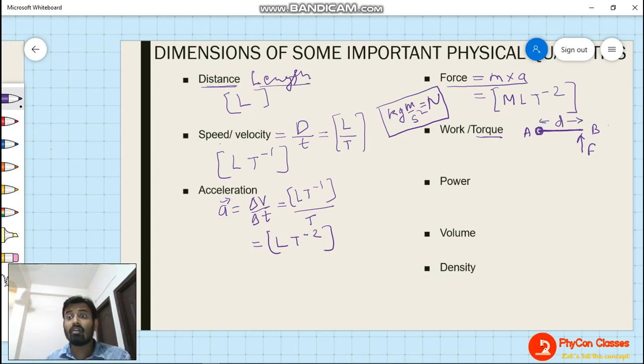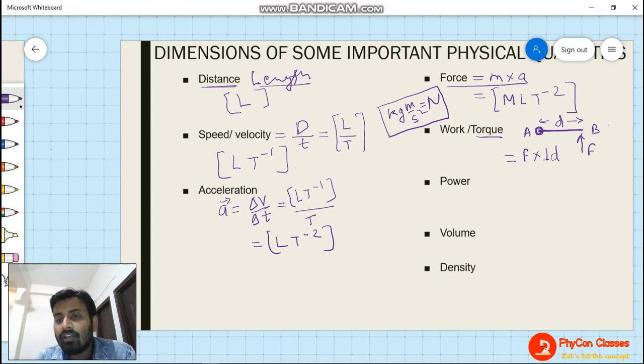Then the moment of force is written as F into perpendicular distance, and that moment of force is nothing but torque. I have written work also here because work has the same formula, force into perpendicular distance, and both work and torque are going to have the same unit and same dimension.